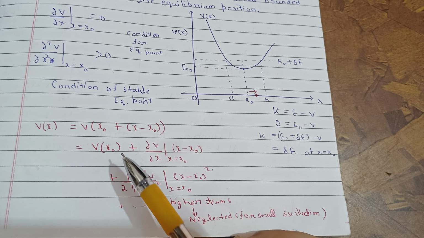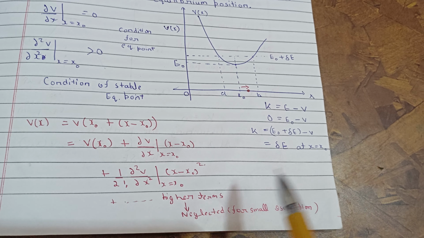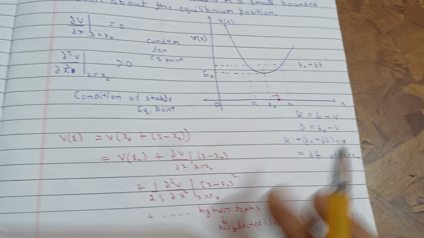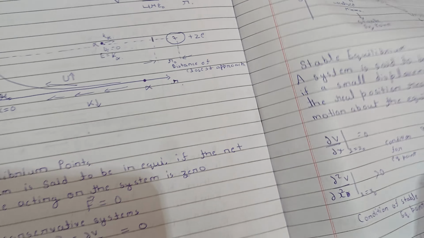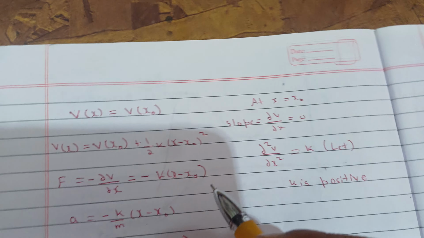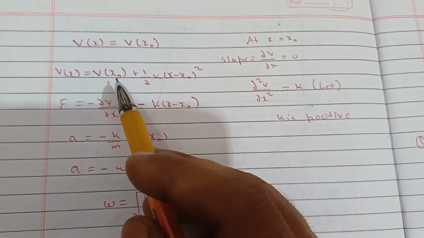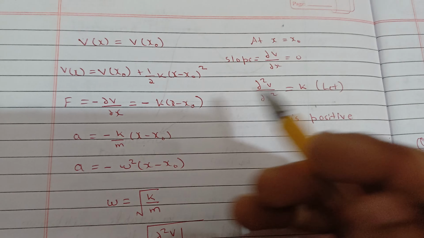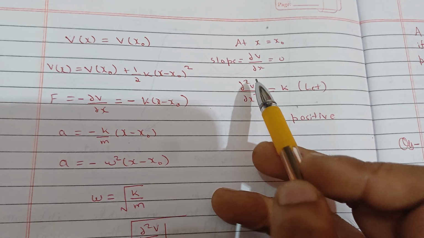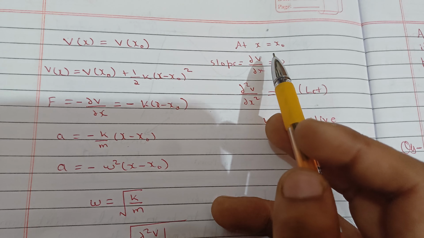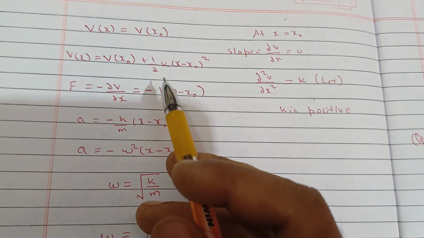So it will be V(x0) plus k/2 times (x - x0) whole squared. The higher terms are neglected, so the equation reduces to V(x) = V(x0) + (1/2)k(x - x0)². Here k is this second derivative, at x = x0 dV/dx is 0, and k is some positive quantity.